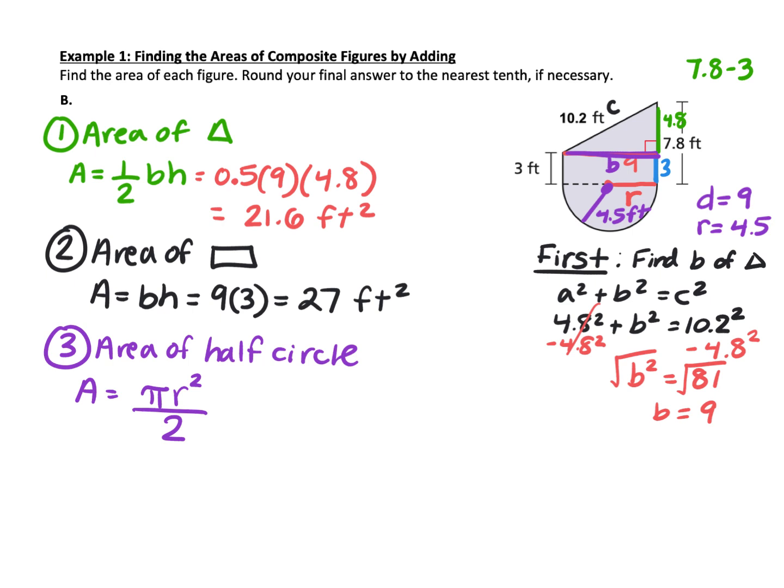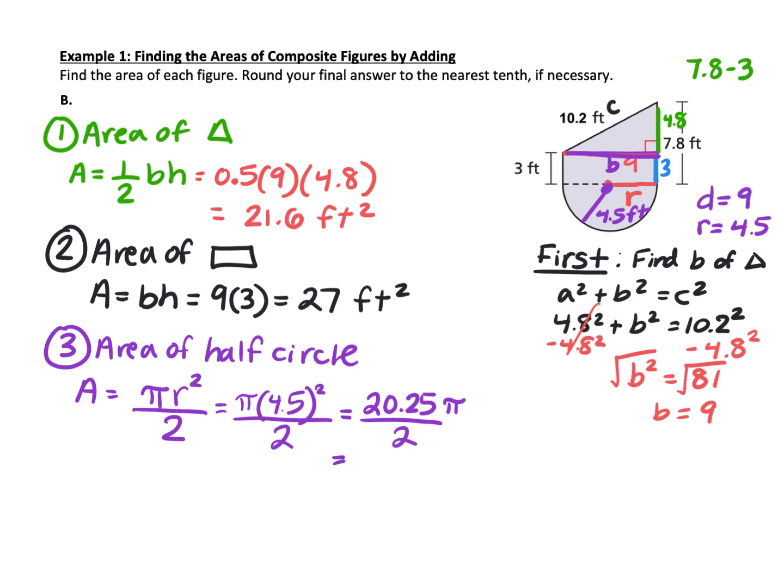And now let's plug that into our equation. So pi times 4.5 squared, and then we'll divide that by 2. When you put 4.5 squared into your calculator, you'll get 20.25. And then the pi is still there. We'll divide by 2.